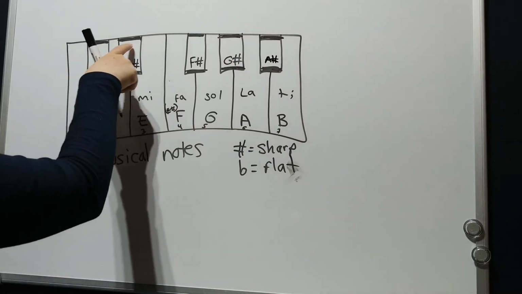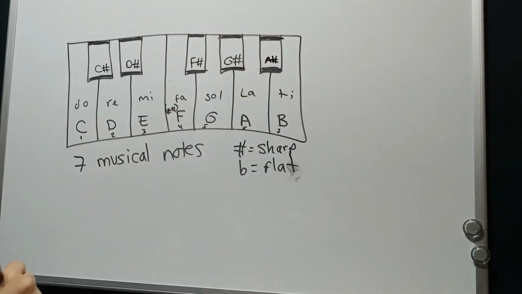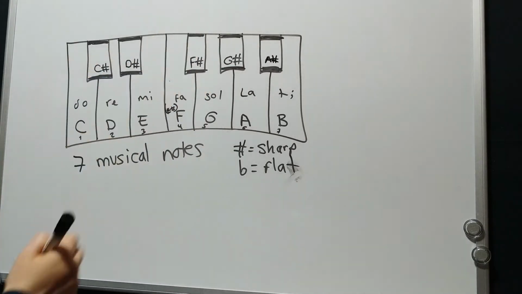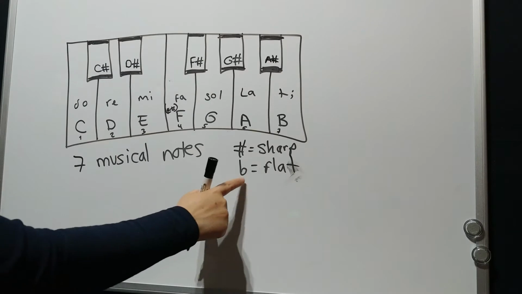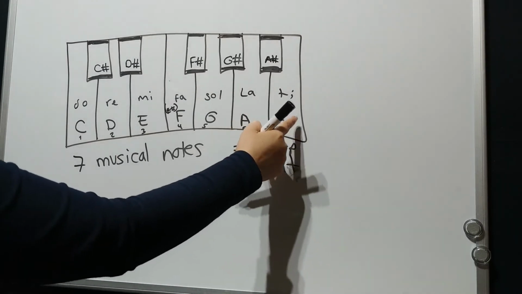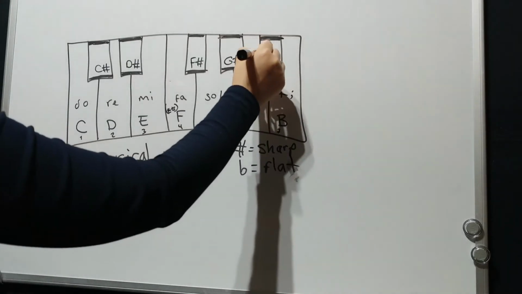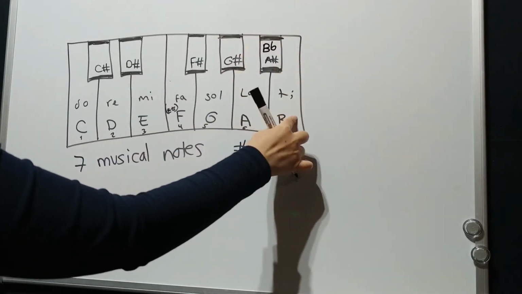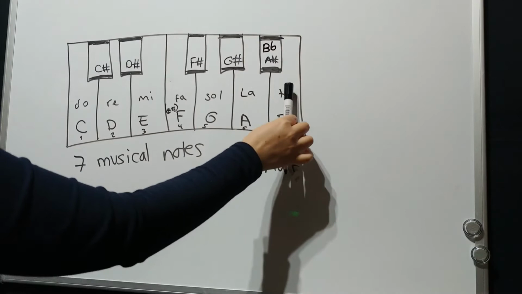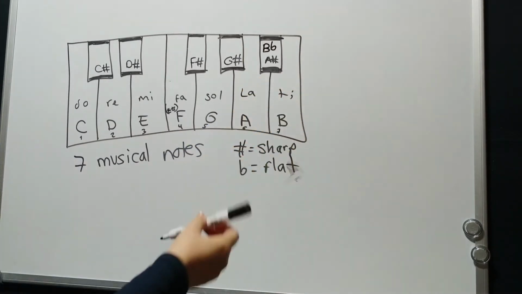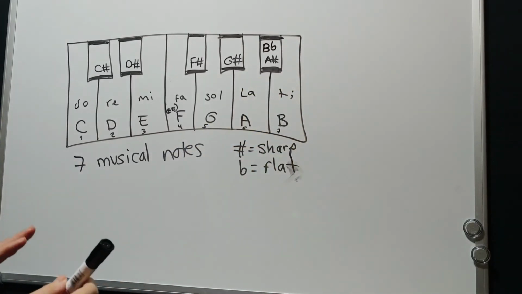But these notes can also be called flats. So these notes, usually we're going to see with 2 different names. To find the flats, all I have to do is go to the contrary, go to the left. So B flat. So this is B, the next note right away is this one. Therefore I call it B flat, because it's just going a little flat.